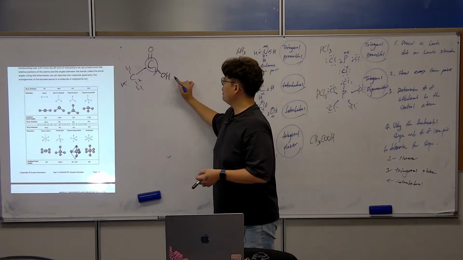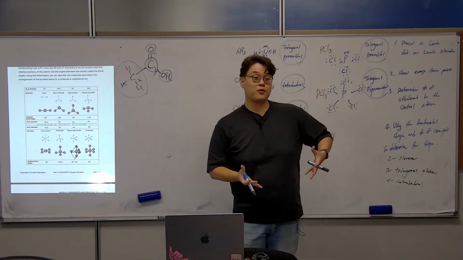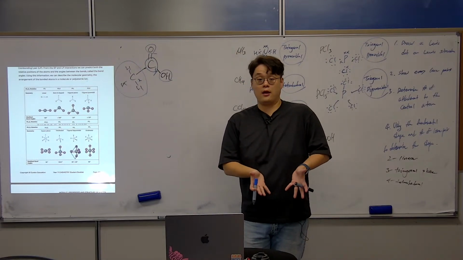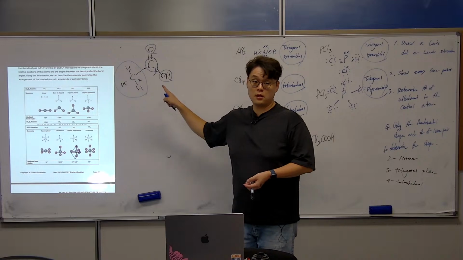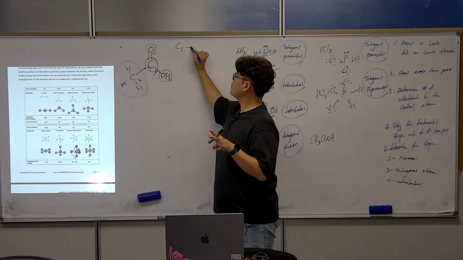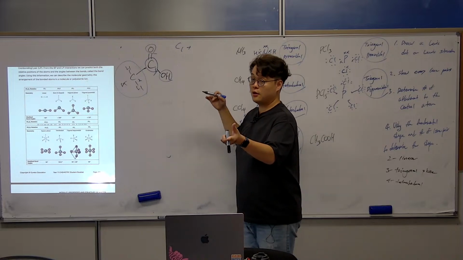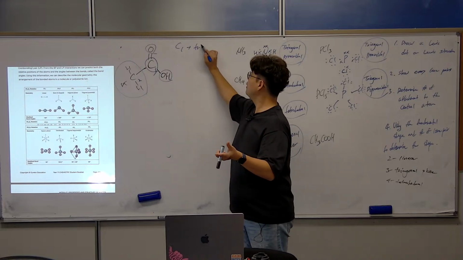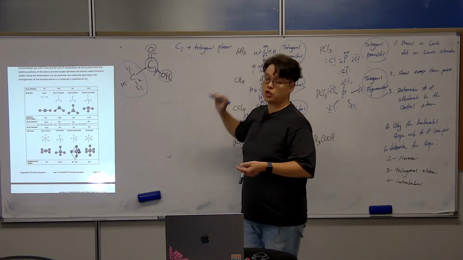I just simply think, it has 1, 2, and 3. I'm just looking at this as attached with 3 attachments. So having 3 attachments for carbon number 1, this means the basic shape of trigonal planar is given.